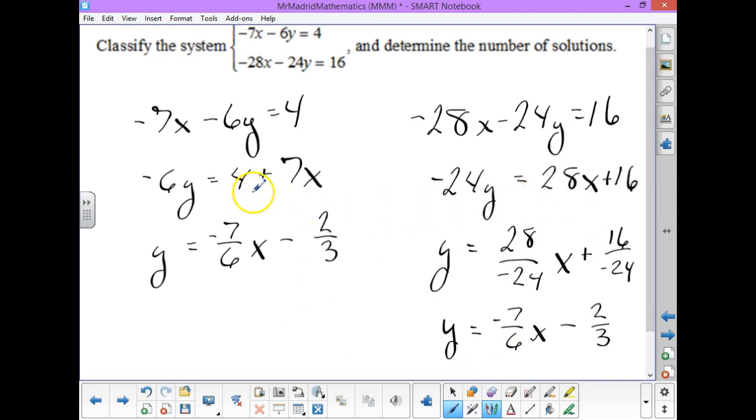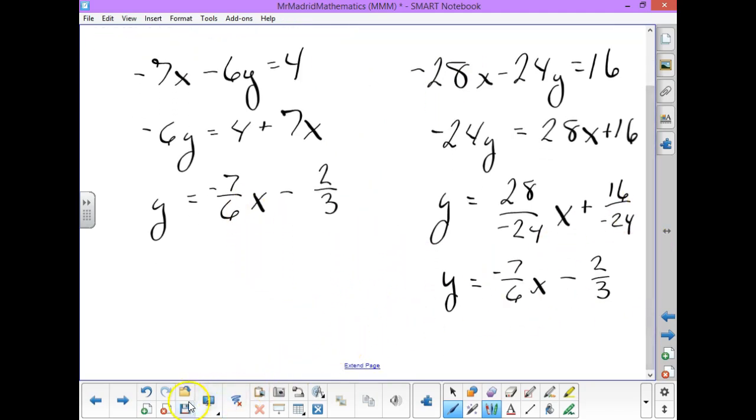Okay, so now that I have these two, notice it does say classify, which is a little extra. We'll talk about that in a second. Determine the number of solutions. So let's do what we did on the last problem and graph it on the calculator.